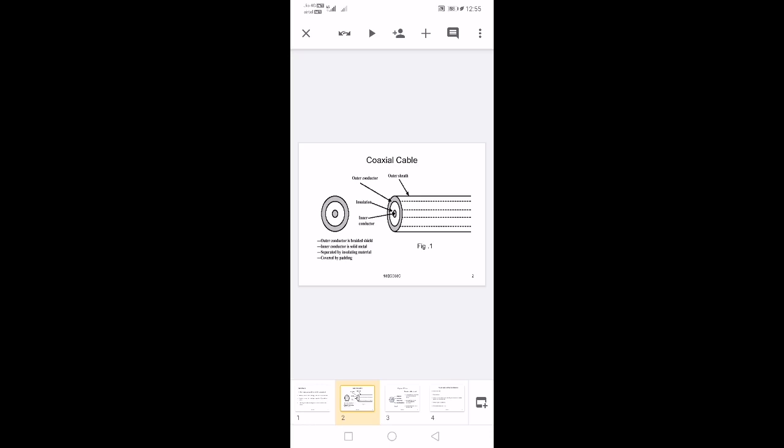This is the side view, and this is how the front view will look. In the small circle you will have the inner conductor, the white circle is the insulation, and another big circle is the outer conductor. On that you will have the PVC outer sheet.